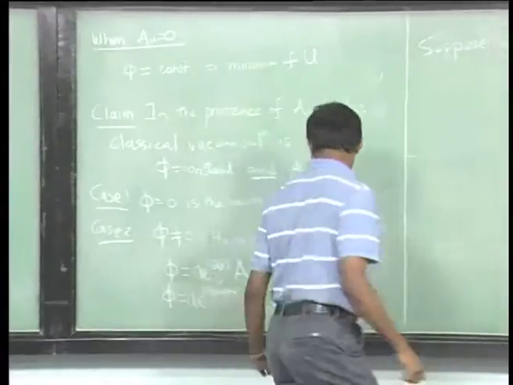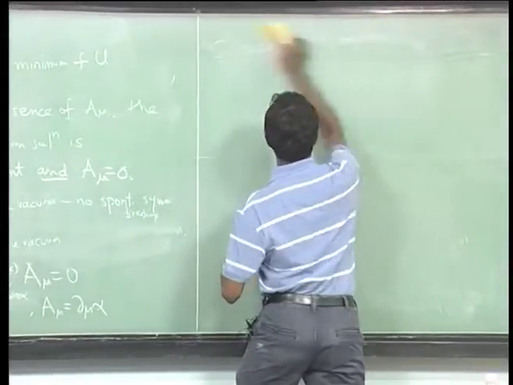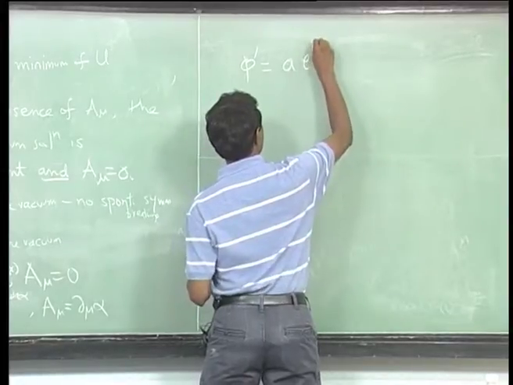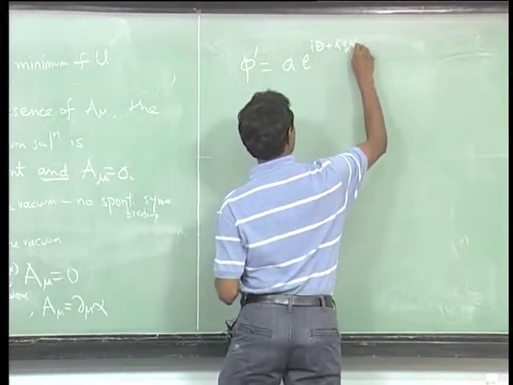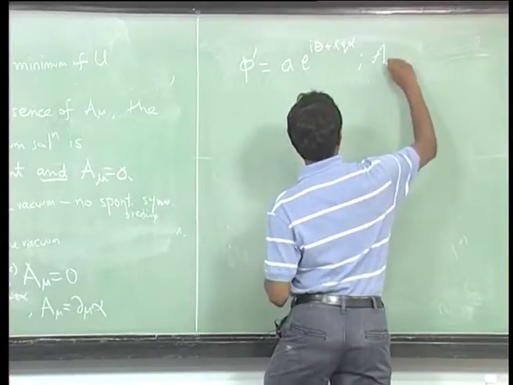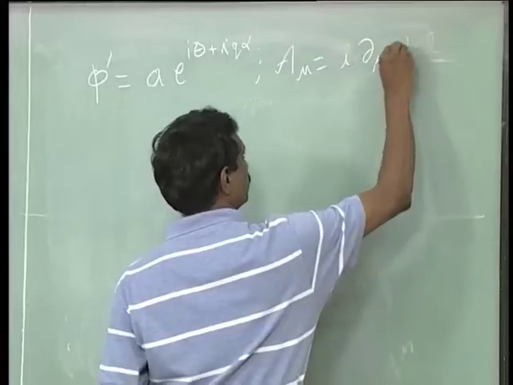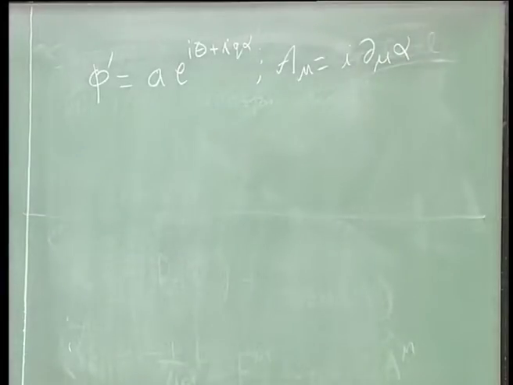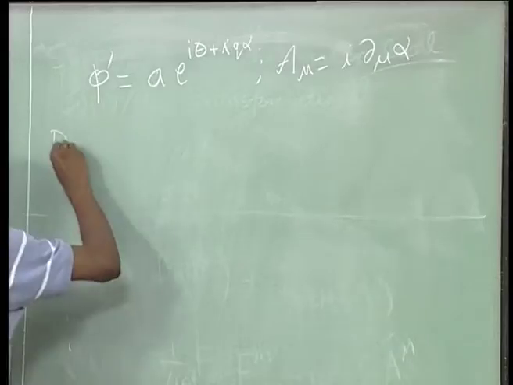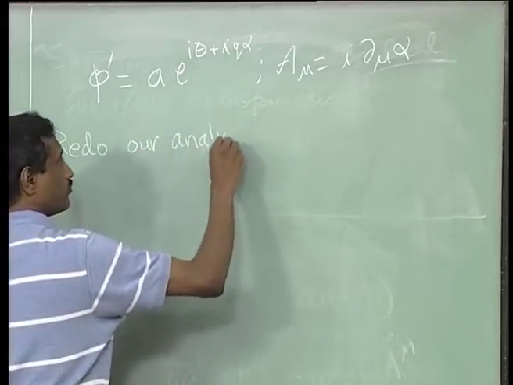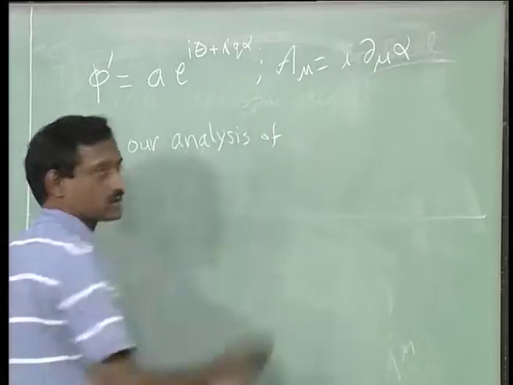I will rewrite this. So, that phi prime I could write as some a e power i theta plus i q alpha. I have just written a gauge equivalent configuration. Now, we can redo our earlier analysis of fluctuations about this thing.